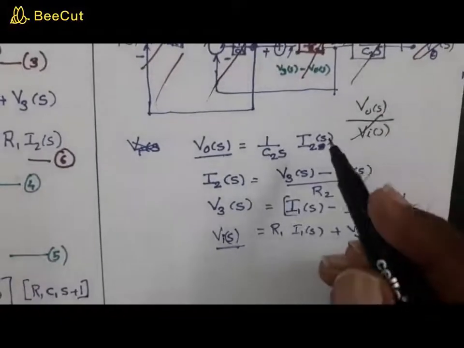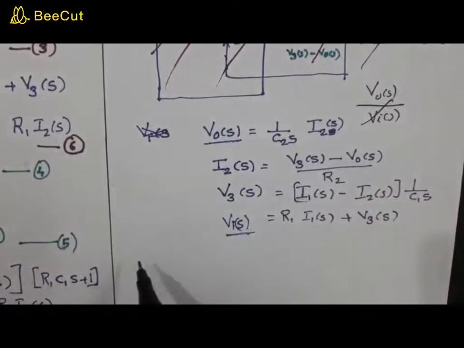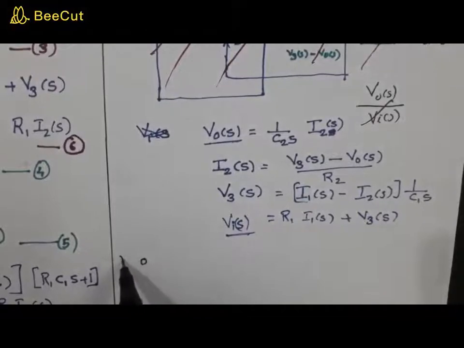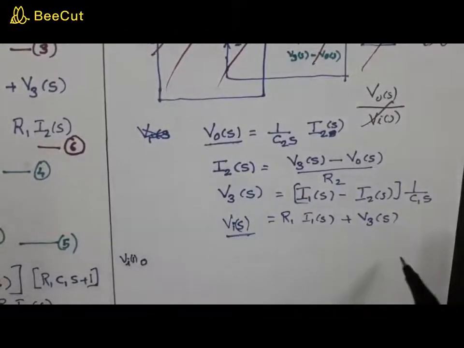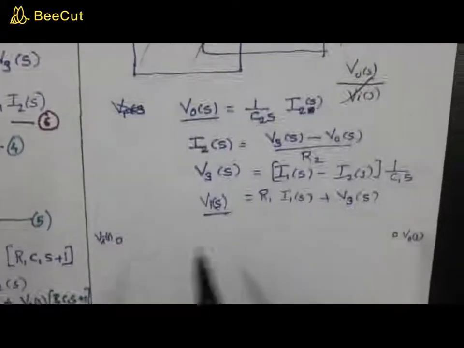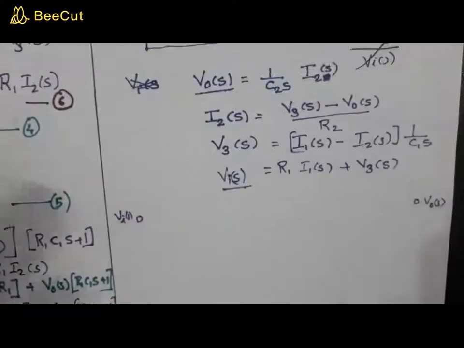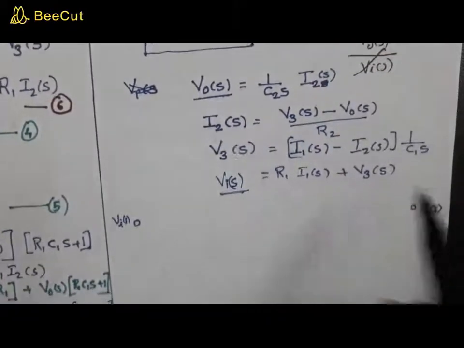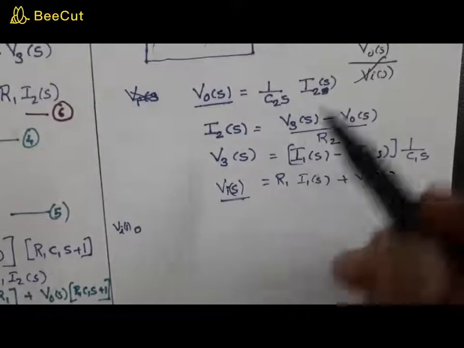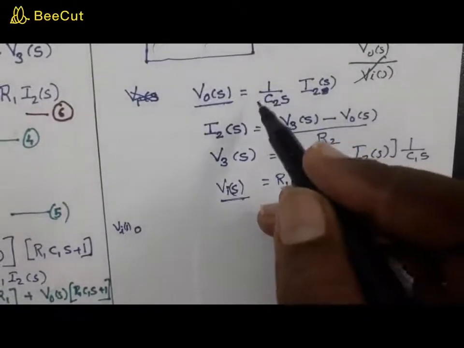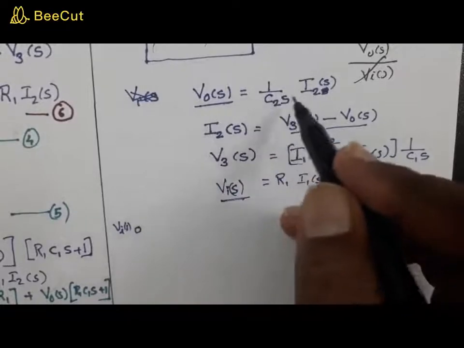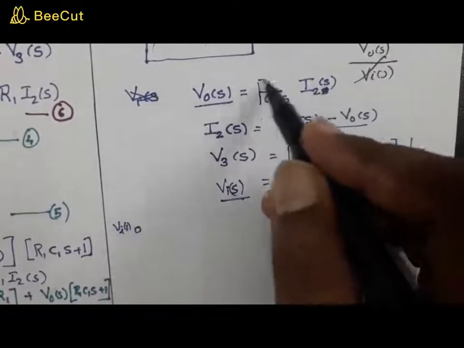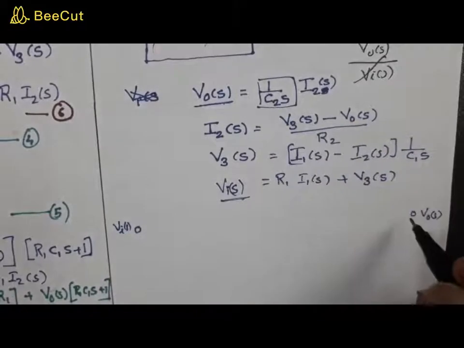Before that, it is necessary that you need a Vi of s and a V out of s, right? For the meantime, these are not related to each other as per this diagram. So these are two terminals at two ends. Now by using these equations we are going to relate them. Let us look at the first thing. It is said that V0 of s is 1 by C2s into I2 of s. That means you can represent this by a block diagram, right?